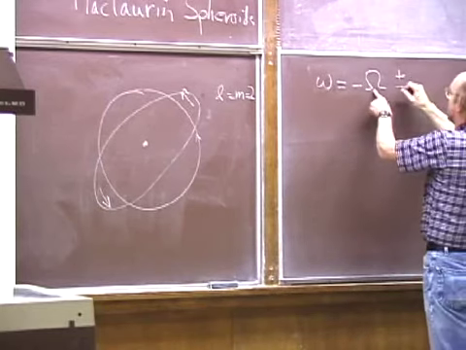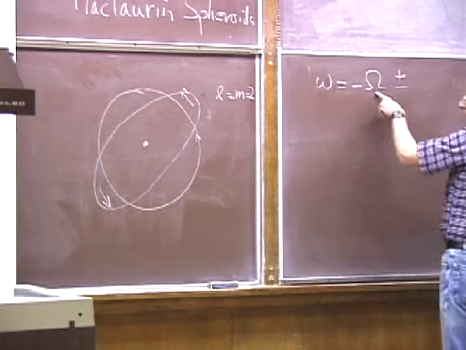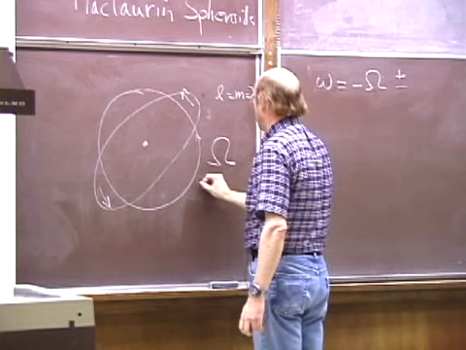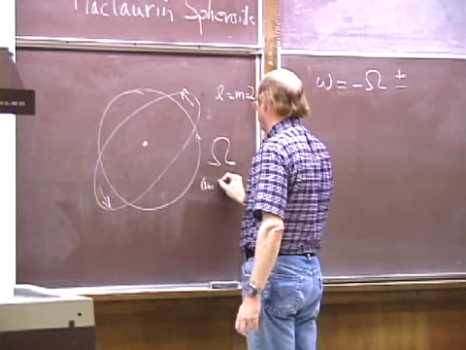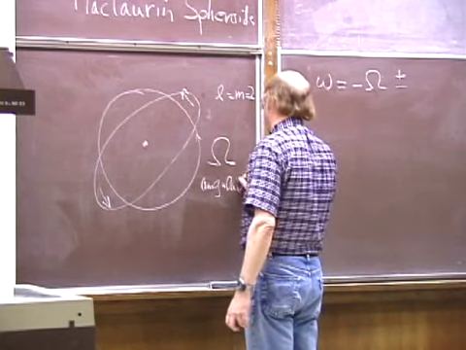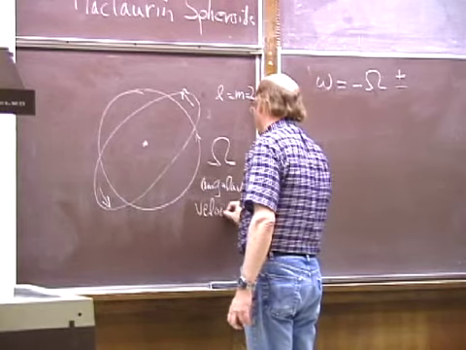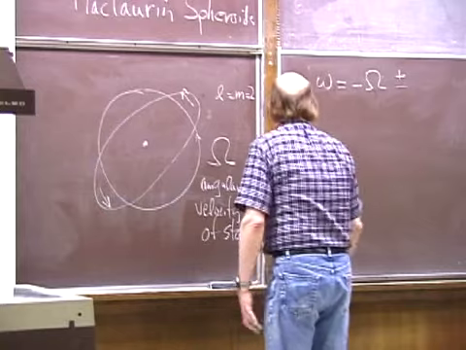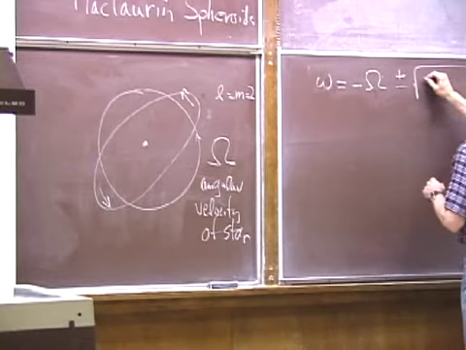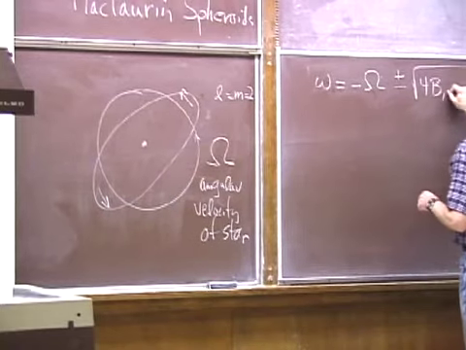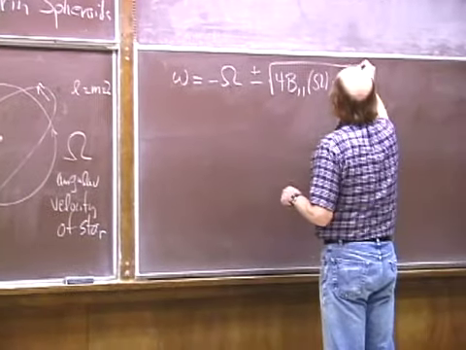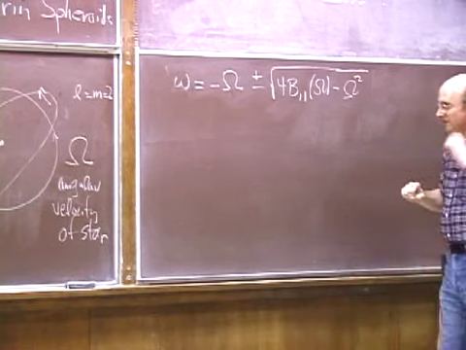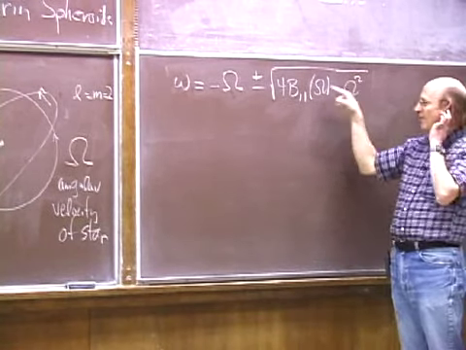The two modes have frequency proportional to omega, where omega is the angular velocity of the star, times some complicated function, which in Chandrasekhar's notation is called B11 of omega.